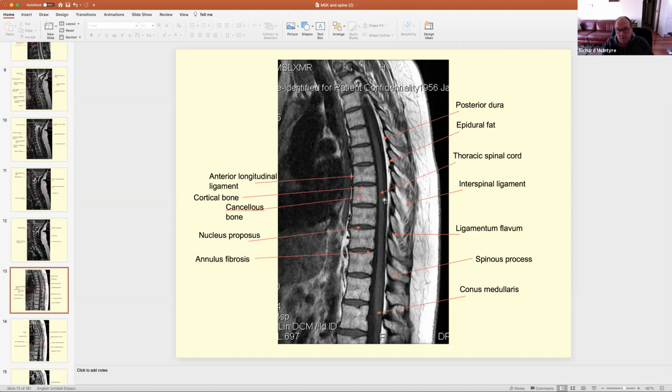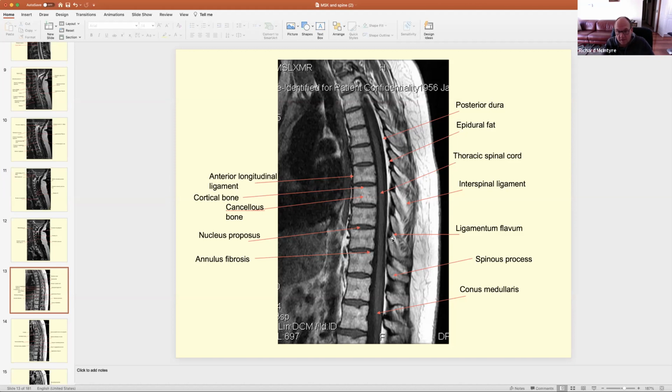Okay, thoracic spinal cord. We've got interspinal ligaments and we've got ligamentum flavum. Ligamentum flavum is very important, we know, because it holds the spinous processes secure and makes the joint stable. If we lose the ligamentum flavum, the joints become unstable, and we don't want that in the spinal cord.